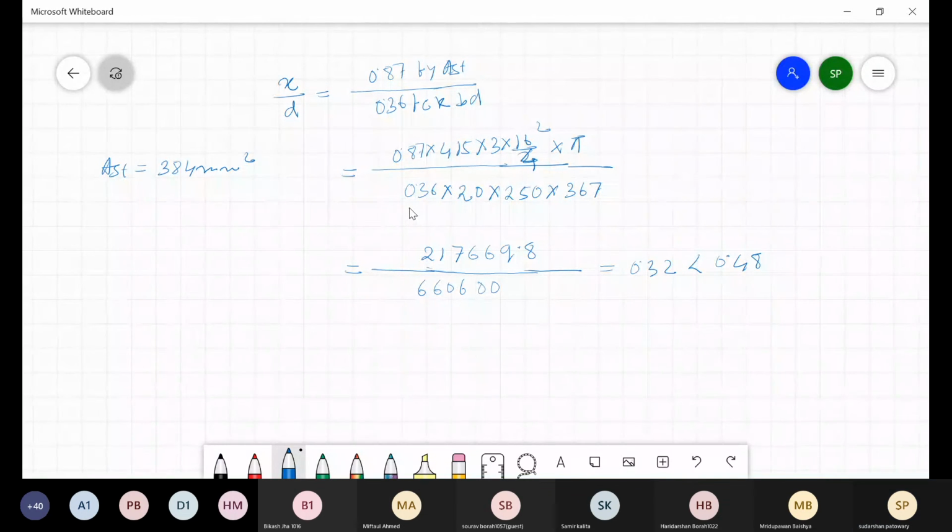This means the section is what? Under-reinforced.